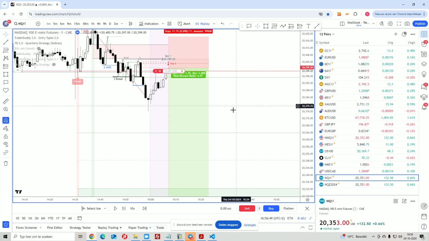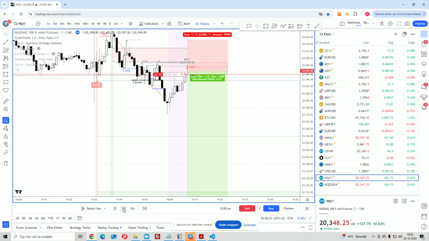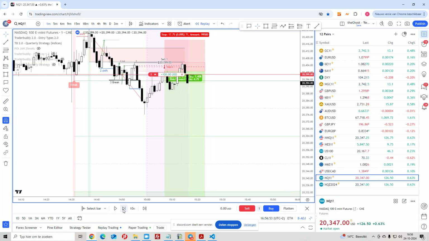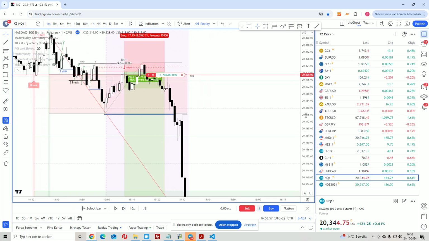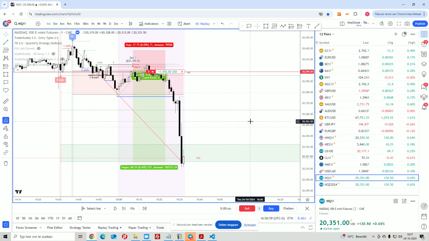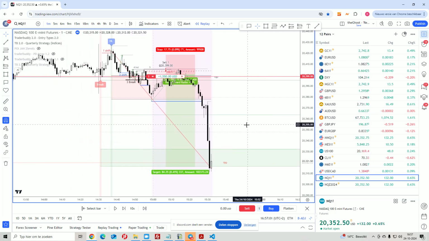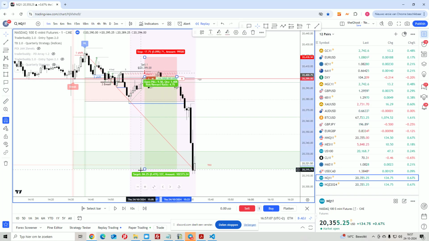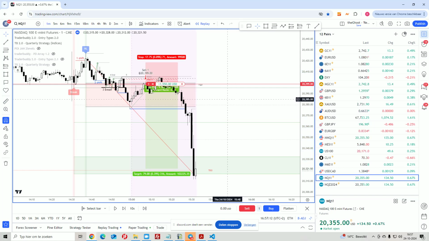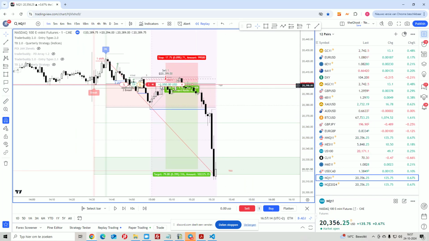We take a sell, 1 lot. Yeah, it pretty much is okay. Now price is over here, which was 3R then probably. Let's see.